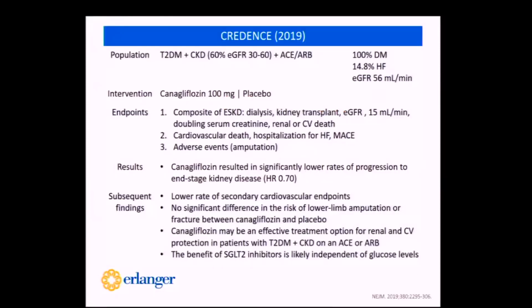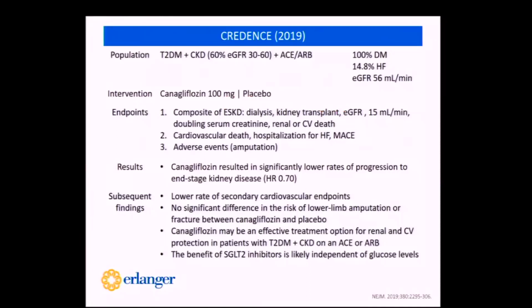So the CREDENCE trial, the population that they included, all 100% of patients had type 2 diabetes, like previous literature, and they included patients with CKD and wanted at least 60% of these patients to have an eGFR between 30 and 60. And at baseline, all these patients were on an ACE or an ARB. Of note, about 15% of these patients had heart failure at baseline, and the mean eGFR at baseline was 56 milliliters per minute, which is a bit lower than the previous trials.